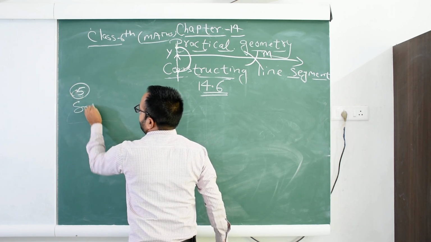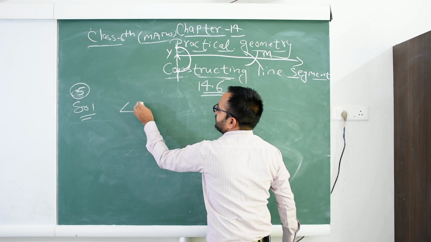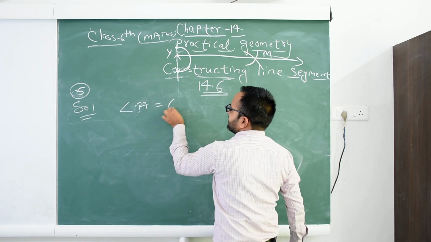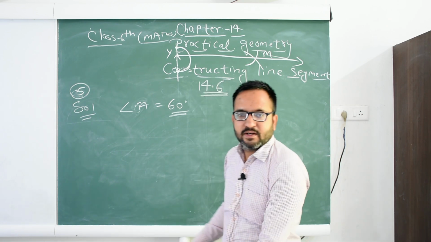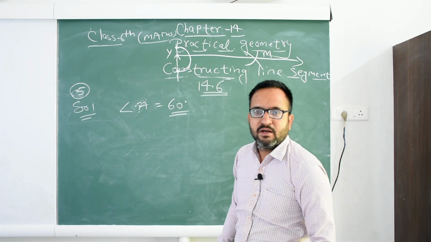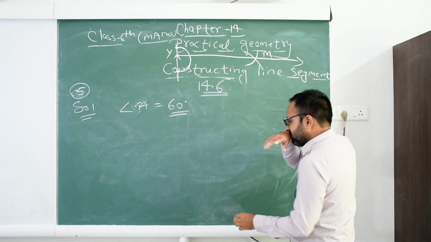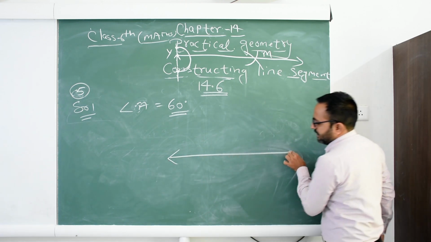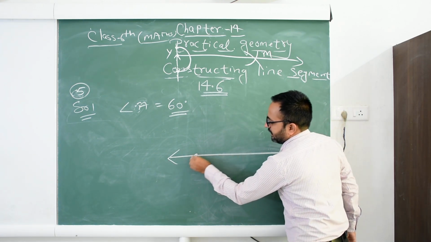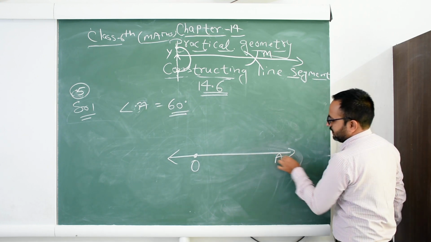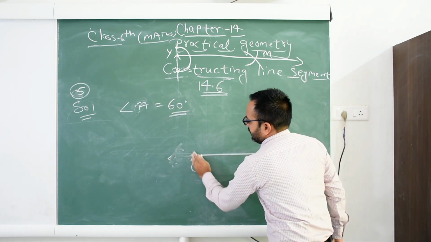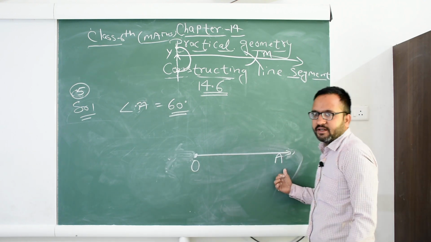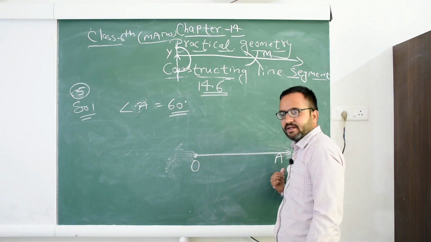Question number 5 solution. First we draw angle 60 degrees. With the help of compass we try to draw angle 60. So first we take a ray OA.